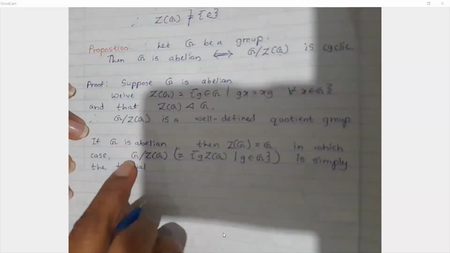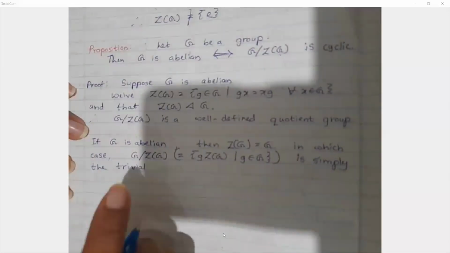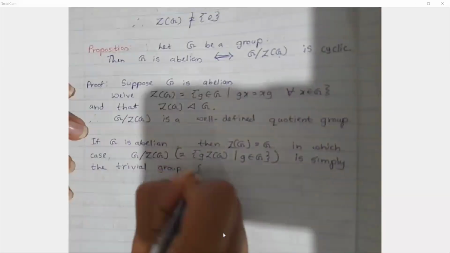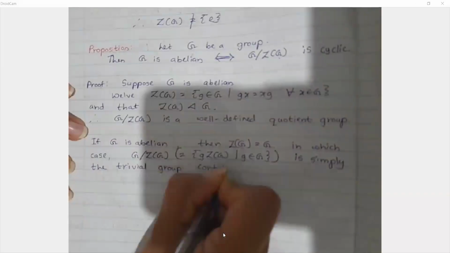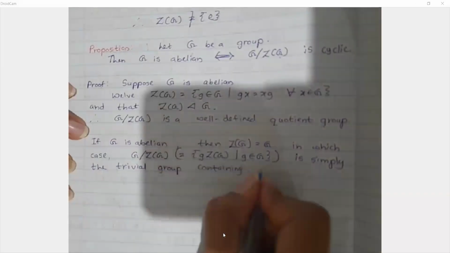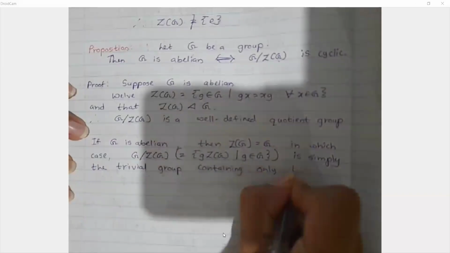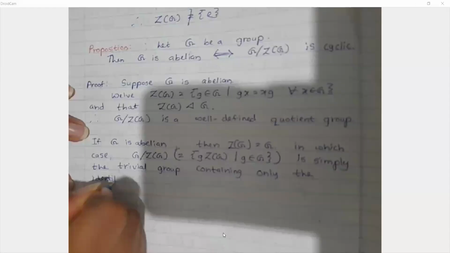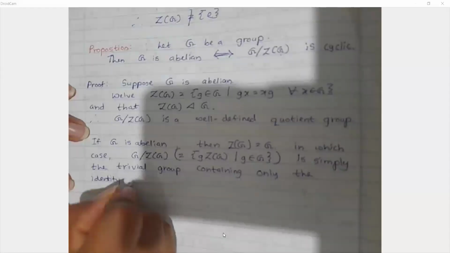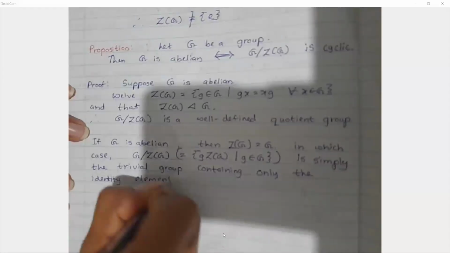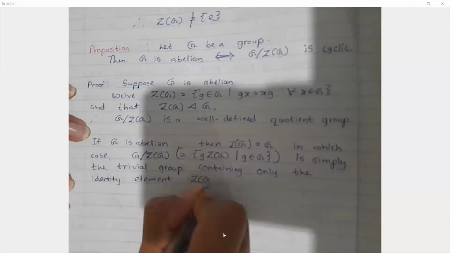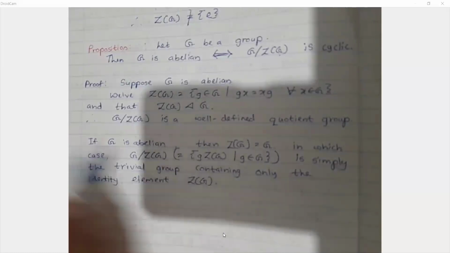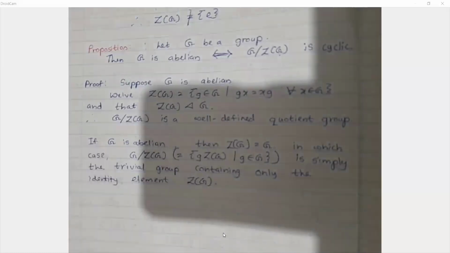In this case, you're taking the quotient of G by itself. The trivial group contains only the identity element Z of G. In the quotient group, this is the identity element, and we take every other non-trivial left coset of that.